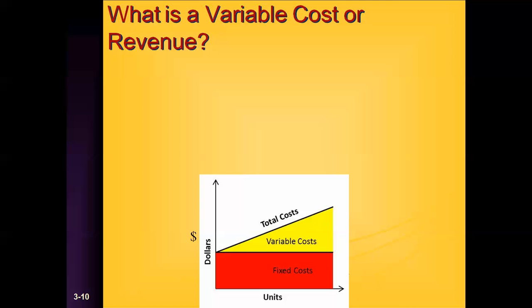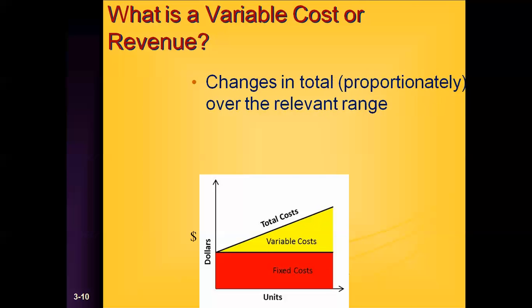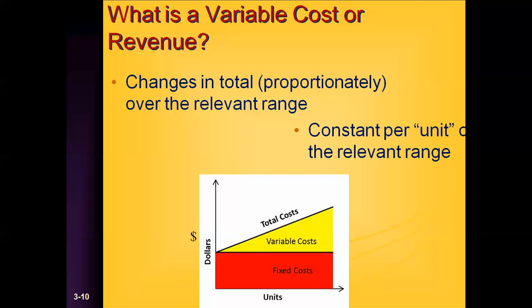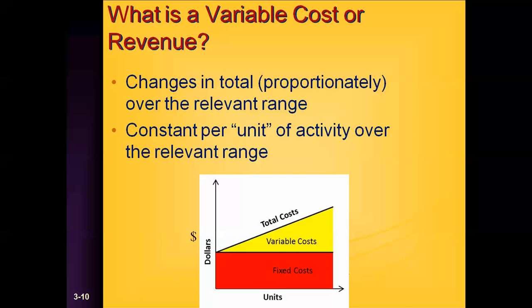Okay, so we've talked about fixed costs. Let's review variable costs again in terms of how they behave. The changes in the variable costs will change proportionately over the relevant range. Variable costs and revenue or unit changes will move in direct proportion to each other.